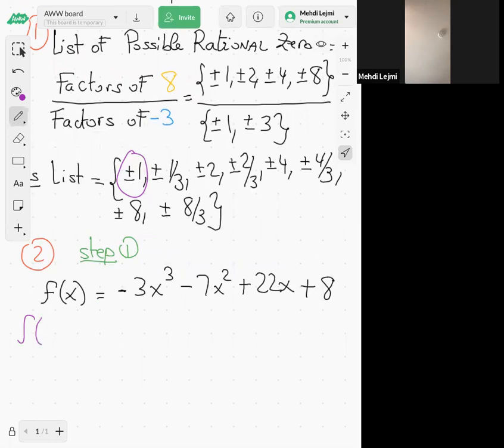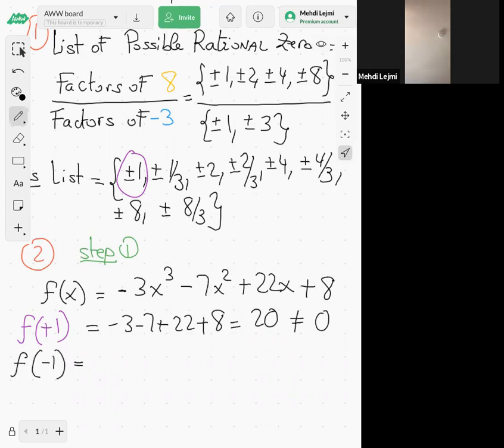So f of positive 1 will be -3 minus 7 plus 22 plus 8. Negative 10 plus 22 is plus 12, plus 8, that's 20. That's not 0, so that's not a solution. So I have to check the next number, which is negative 1. Negative 3 times negative 1 cubed, negative times negative, that would be positive 3.